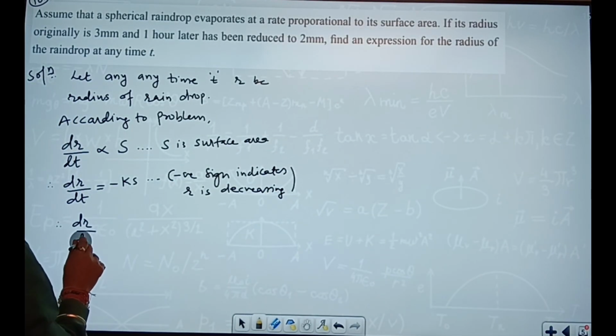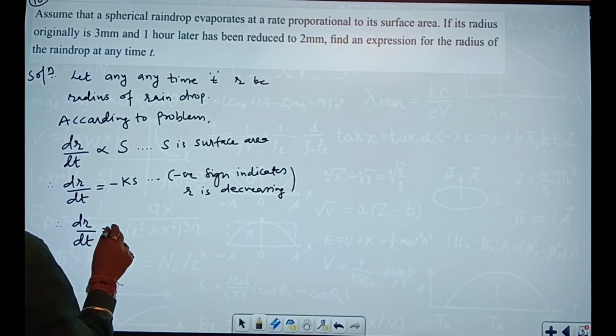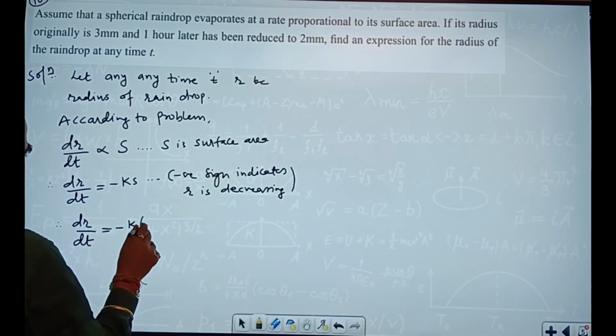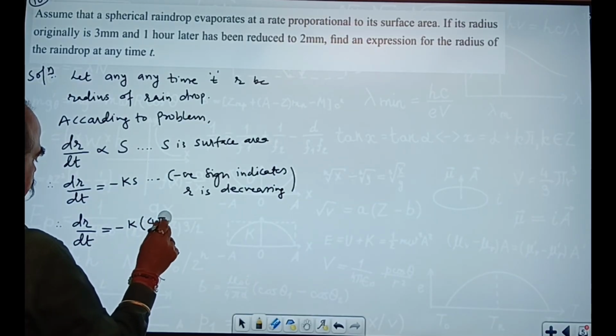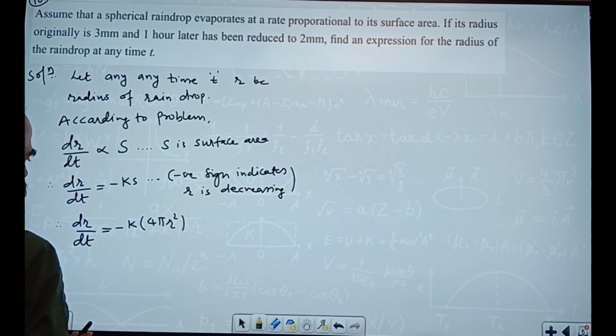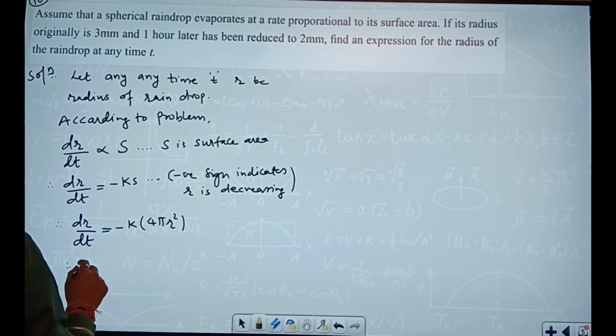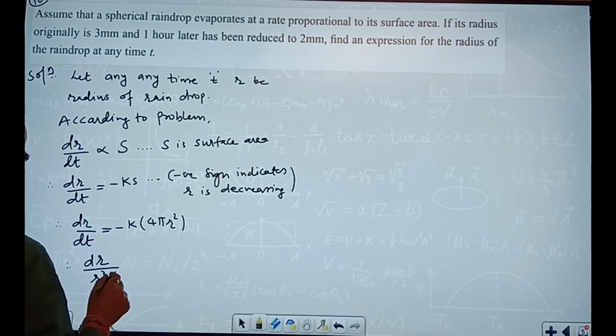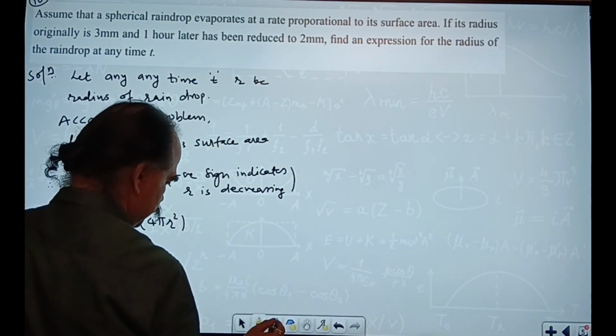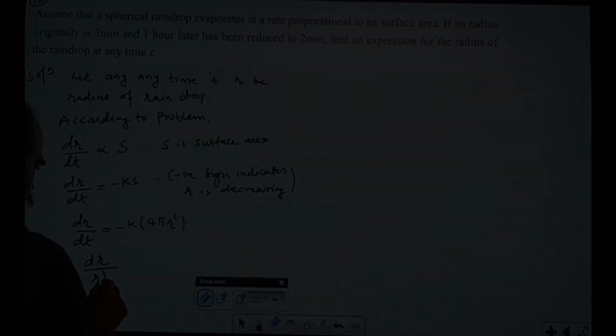So dr by dt is what? 4 pi r square, dr upon r square, sorry, P raised to 1.